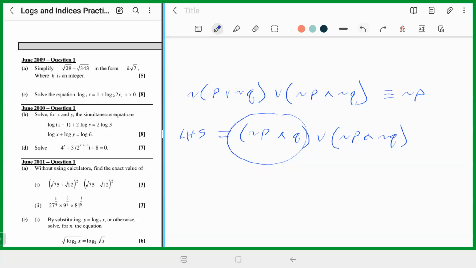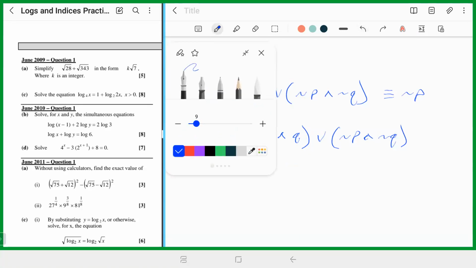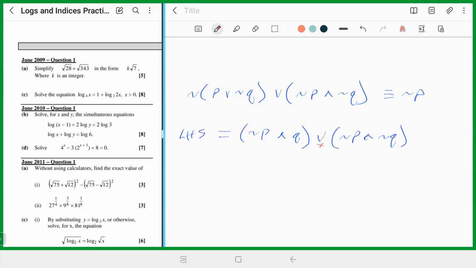As we're doing this distribution, treat this as a times and this as a plus. I'm gonna distribute this over this and then over that, like expanding. So I'm gonna get this times this first: not P and Q, this is an OR, or not P. That is what I get.